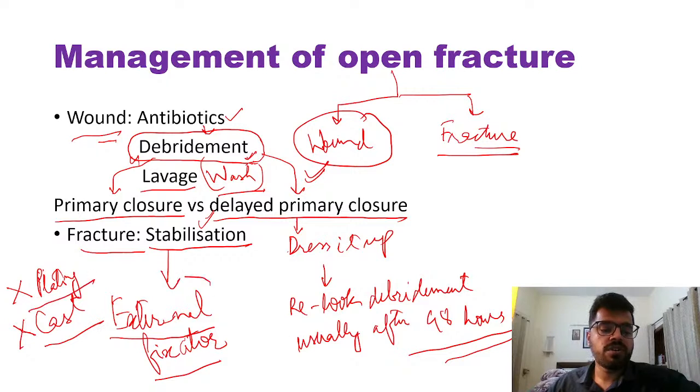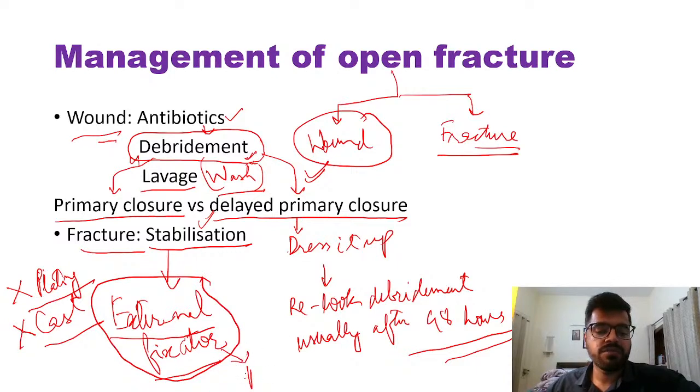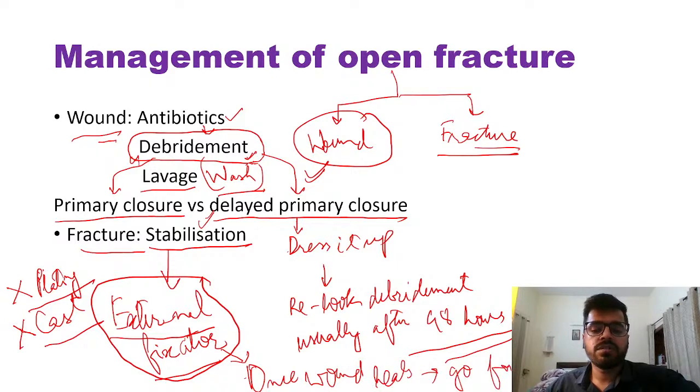That's why we go for external fixation in open fractures, so that once the wound heals, we can plan for definitive fixation. Once wound heals, we go for definitive fixation. So the wound is more important.